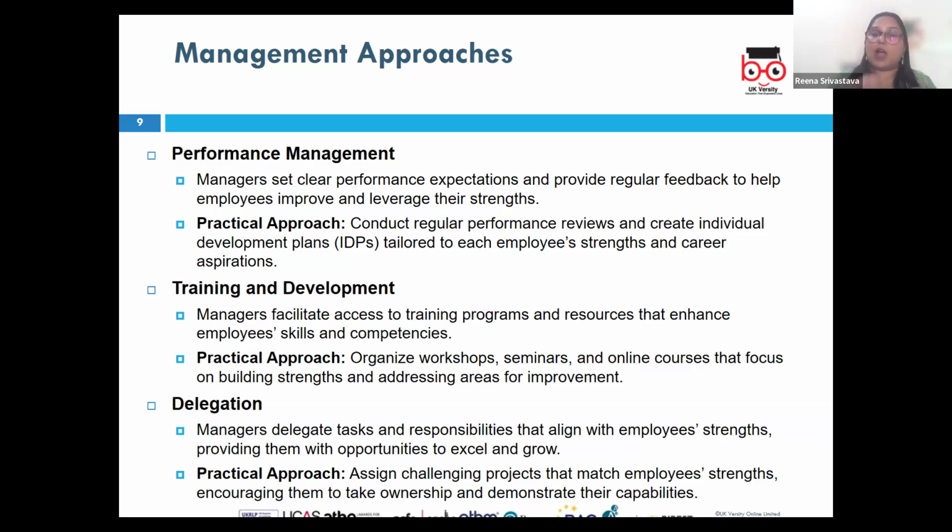So it allows them to apply their Excel skills as well as their data analysis skills and enhance their analytical skills while contributing more to the organizational goal. The managers also provide feedback on how the employees are using their strength and how they can develop these abilities. Again, managers recognize and celebrate employees' strengths and achievements. This recognition and encouragement reinforces their confidence and motivation to continue to develop these skills.